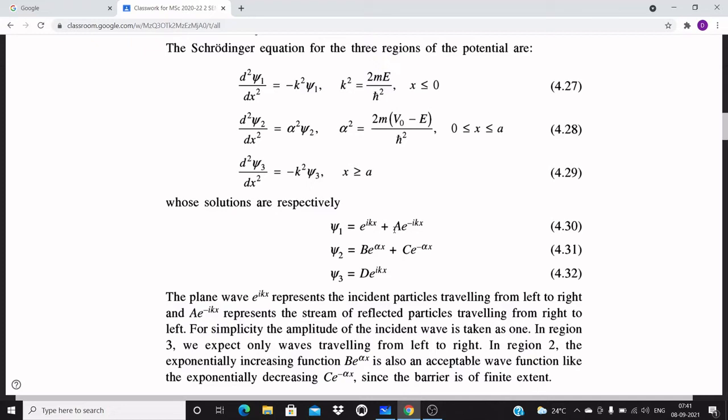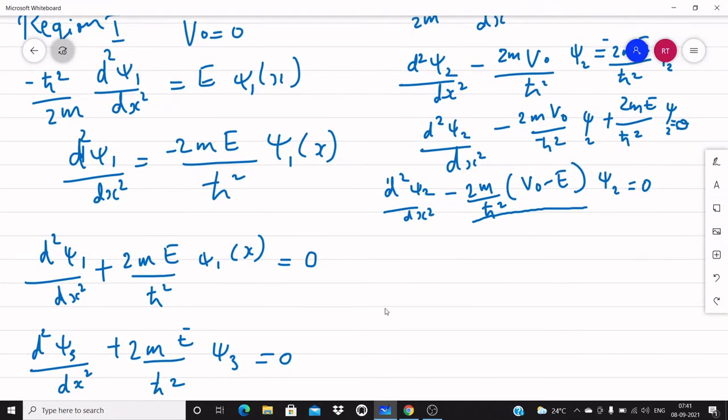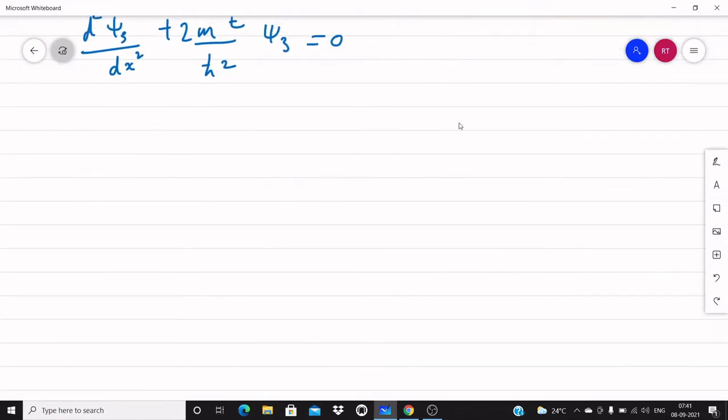That is actually the probability. If you remember, we had probability amplitudes as coefficients.